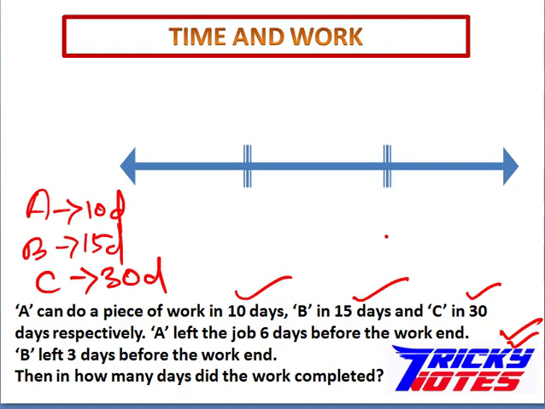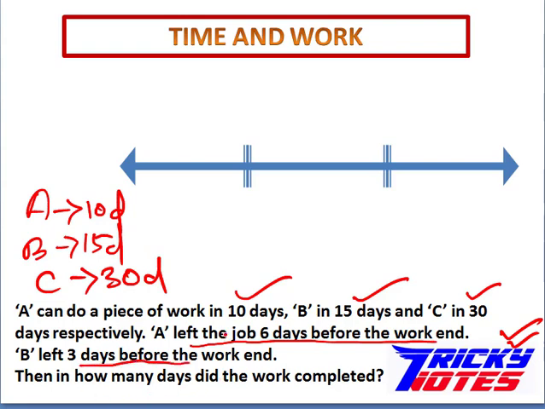And friends, why am I saying this is a reverse order problem? Because in the previous problems we used to get the questions A left or B left after some days. But here A left the job 6 days before the work end, B left the job 3 days before the work end.